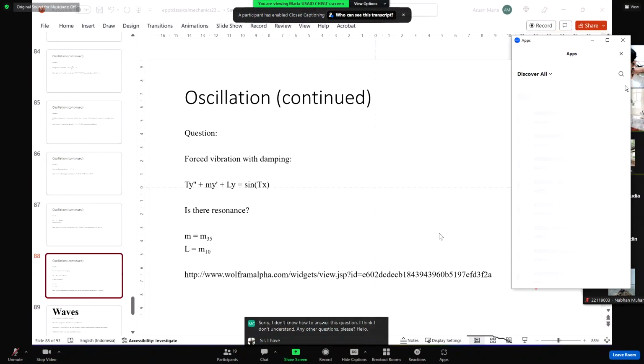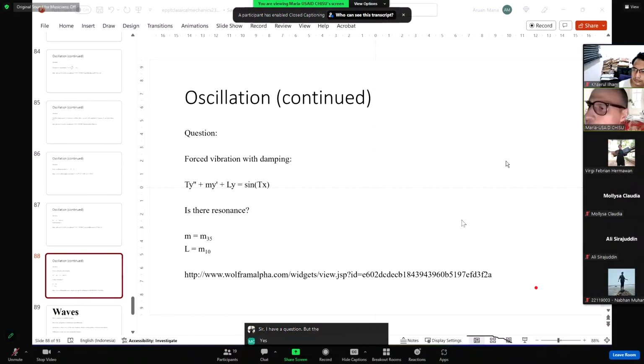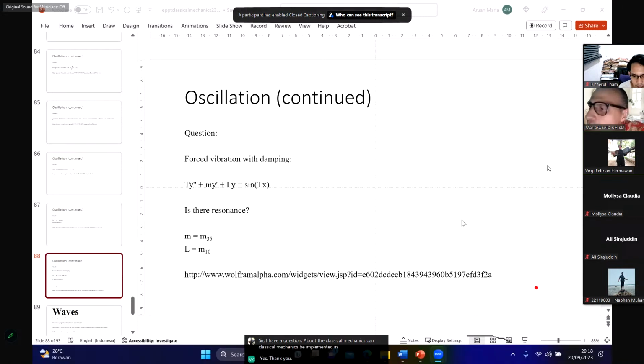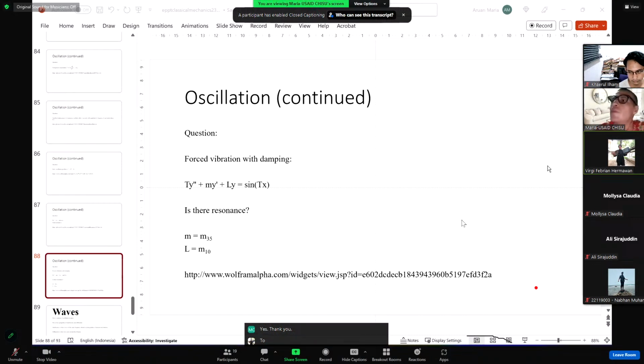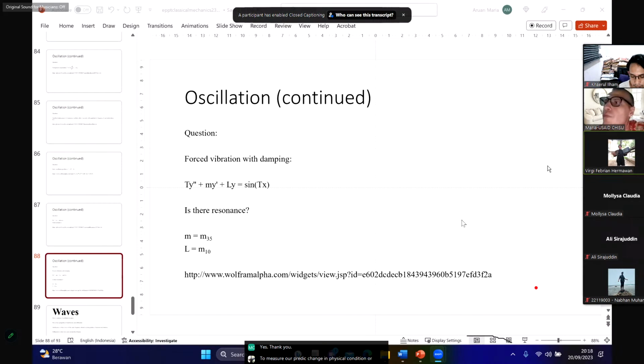Sir, I have a question about classical mechanics. Can classical mechanics be implemented in signal processing or data analytics to measure or predict change in physical condition, or is classical mechanics limited for the implementation?